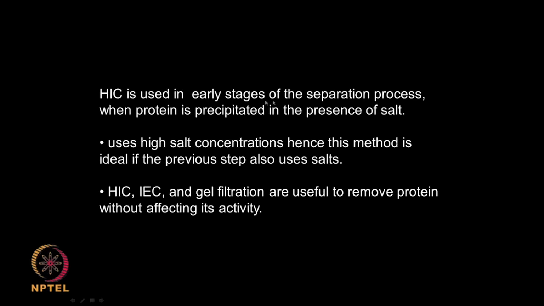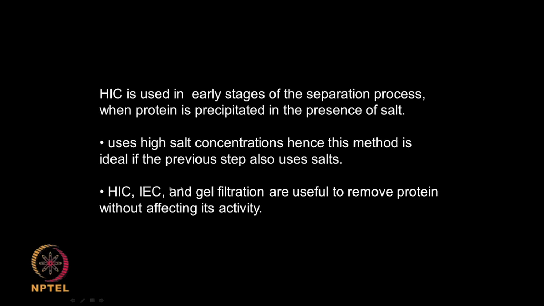This is used in early stages of the separation process when protein is precipitated in the presence of salt. So, high salt concentration is ideal because you are achieving a salting out effect, and the proteins will have better interaction with the hydrophobic stationary phase. Hydrophobic interaction, ion exchange chromatography, and gel filtration are useful to remove protein without affecting the activity.